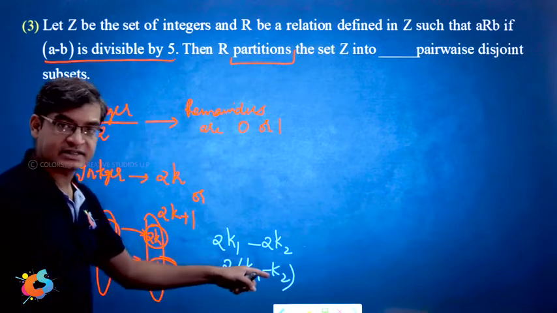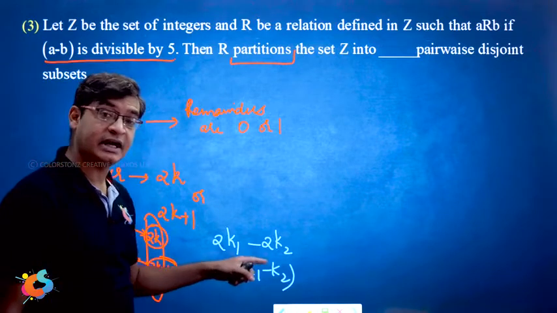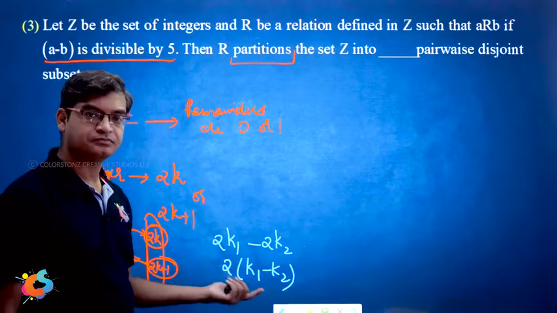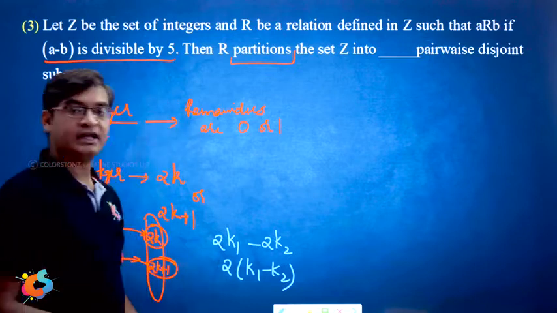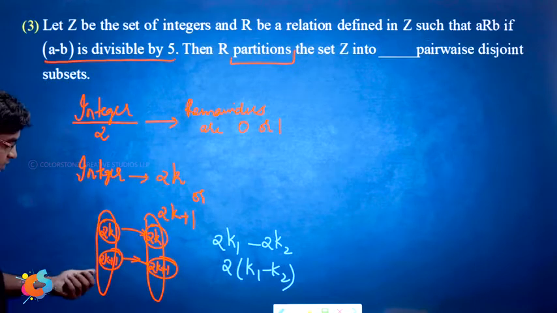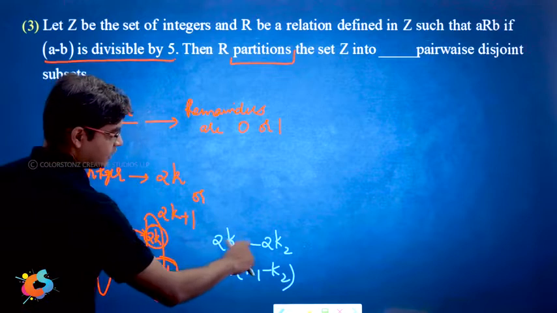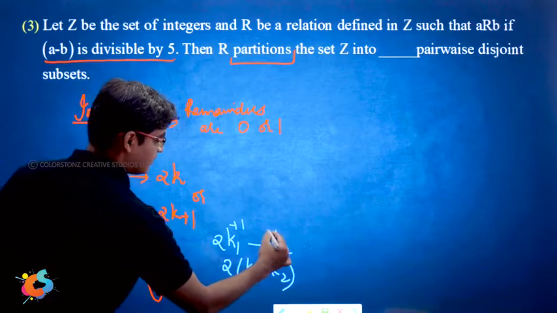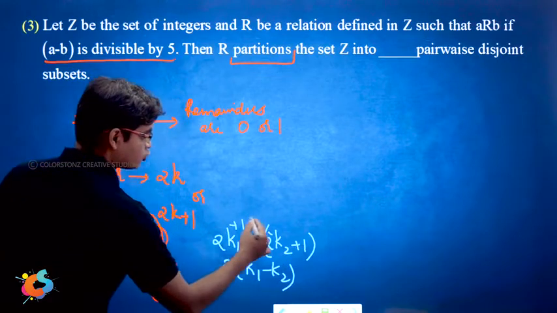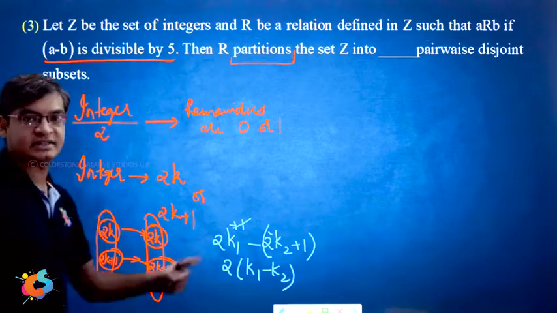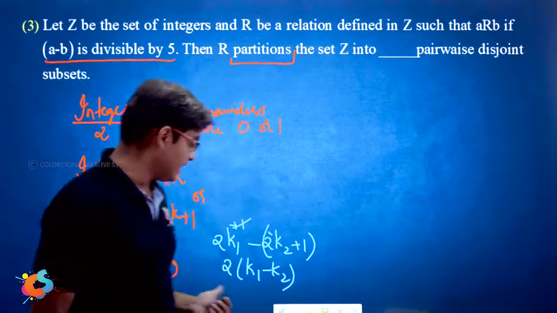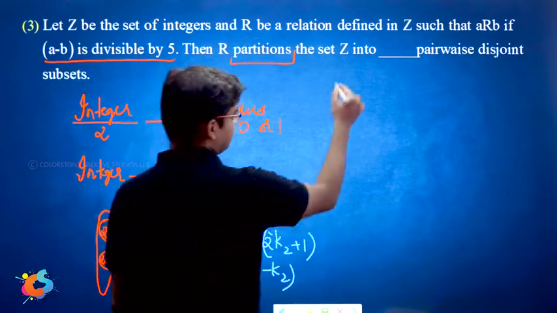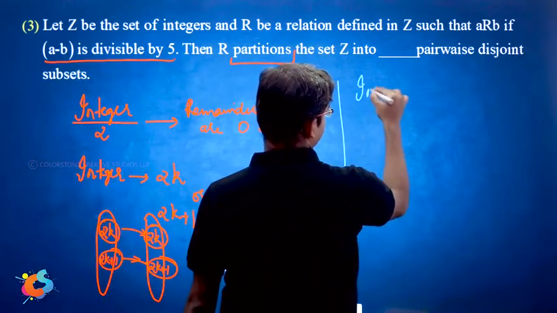The difference of two integers is an integer, because k1 is an integer and k2 is also an integer. So 2 times an integer is even, and an even number is divisible by 2. Similarly, you will have 2k1 plus 1 minus (2k2 plus 1). Plus 1 is there in both, so the 1 gets cancelled and you again get an even number, which is divisible by 2. The same thing works with 5, or with any integer.